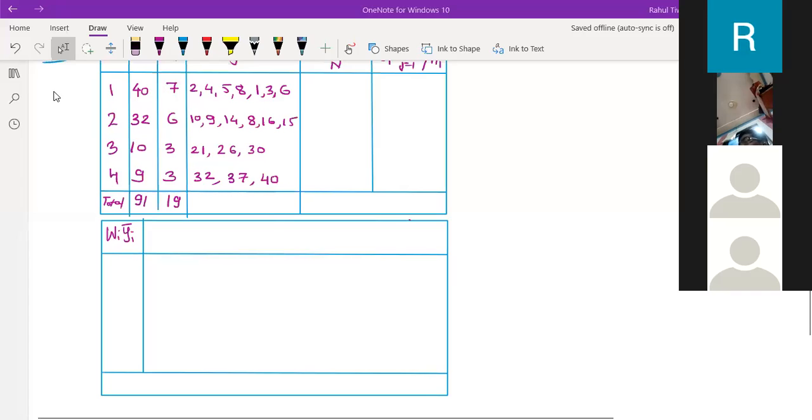So I think the answer is 12.455. Right, I think 2, 3 have already written their answer in the chat box. Others, I hope they are doing the calculation. So far 30 students.